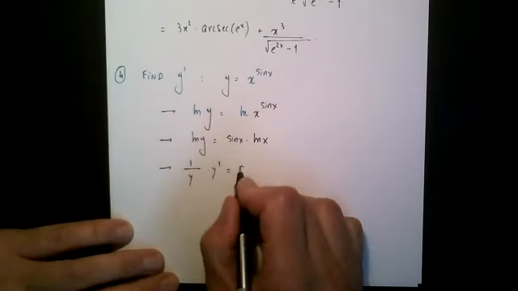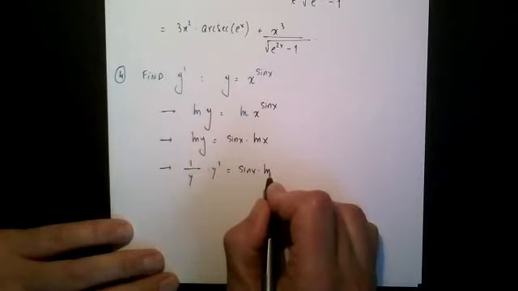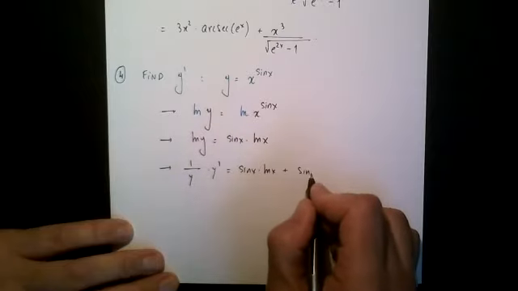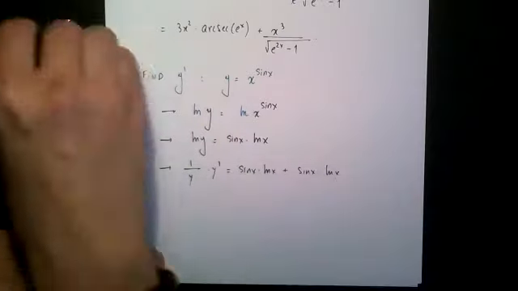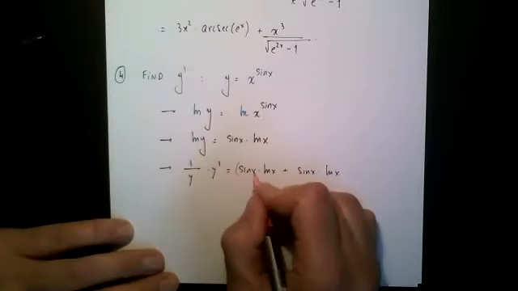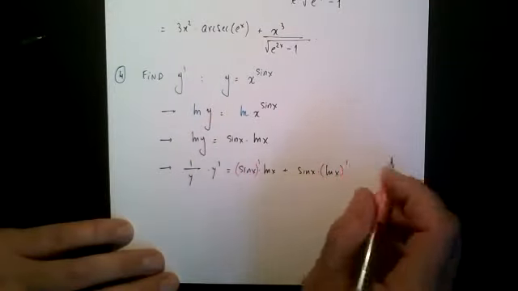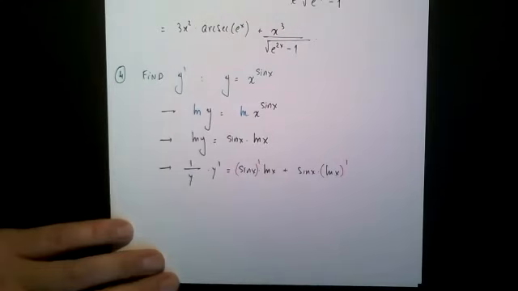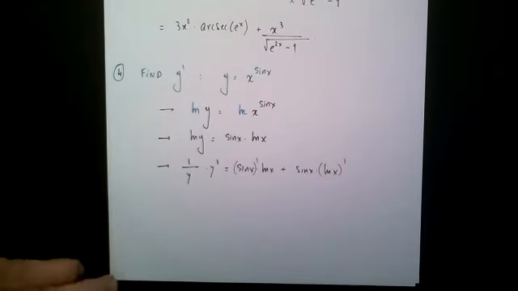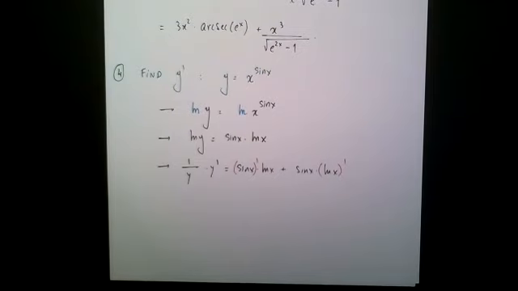So it's the derivative of sine x times ln x plus sine x times the derivative of ln x. Okay, you're with me so far? I'm not getting any feedback, so I'm assuming you're okay. If you have questions, I hope you're going to tell me.